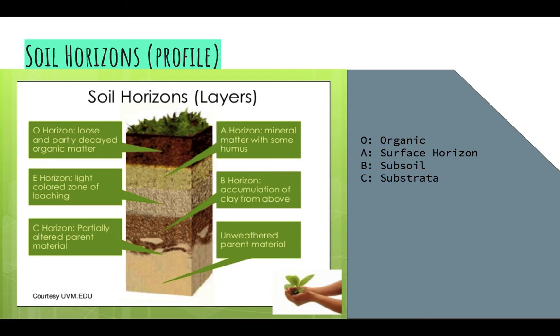Some people call it hummus. I always grew up calling it humus. And in soil horizon A is some of the mineral matter from the broken down parent rock mixed with that organic humus material. So again, a really rich type of soil, often called the topsoil. And so topsoil is what farmers really care about when they're growing.